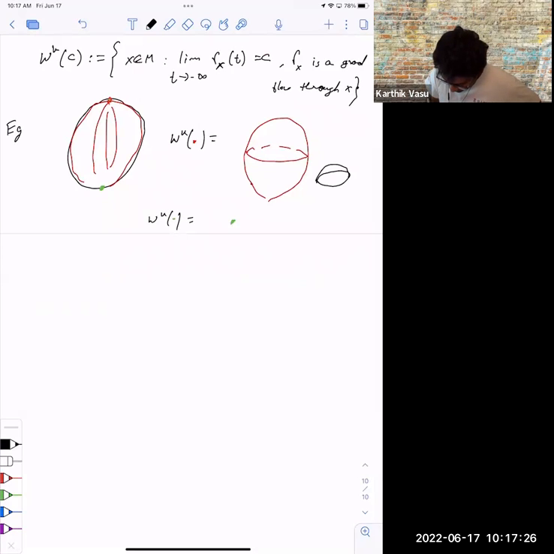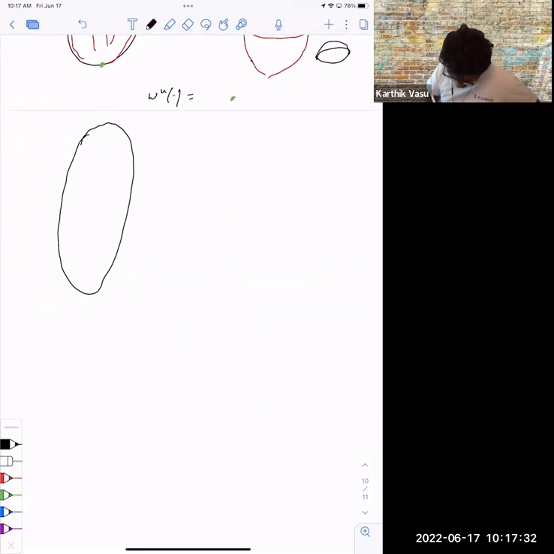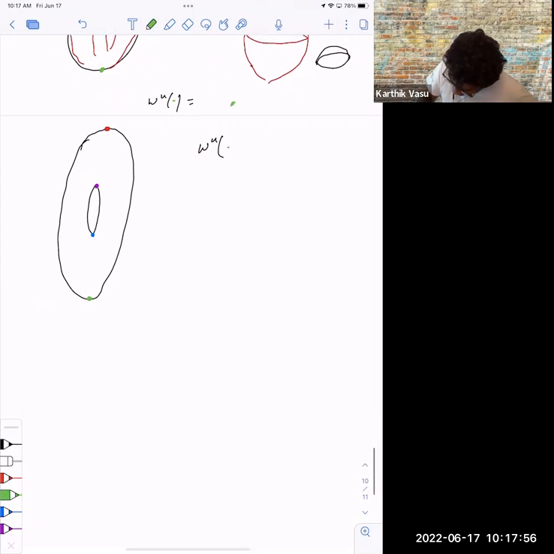Let's look at the example of the torus. Here it gets a bit complicated. I'll denote the different critical points by different colors. So what's the unstable manifold for, let's start with the bottommost one, green.